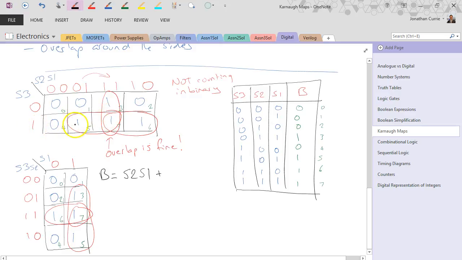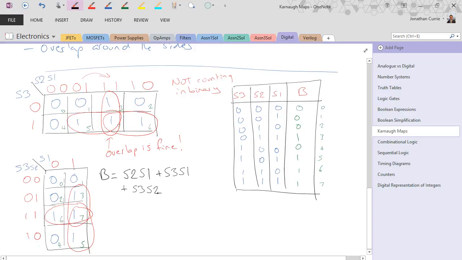S3 must be equal to 1, and S1 has to be equal to 1, but we don't care what S2 is. S2 could be 0 or 1, who cares, so we can drop that one. So S3 and S1, or, and we'll do the final one here, S3 has to be on, and S2 must be on, but S1 could take on any value.